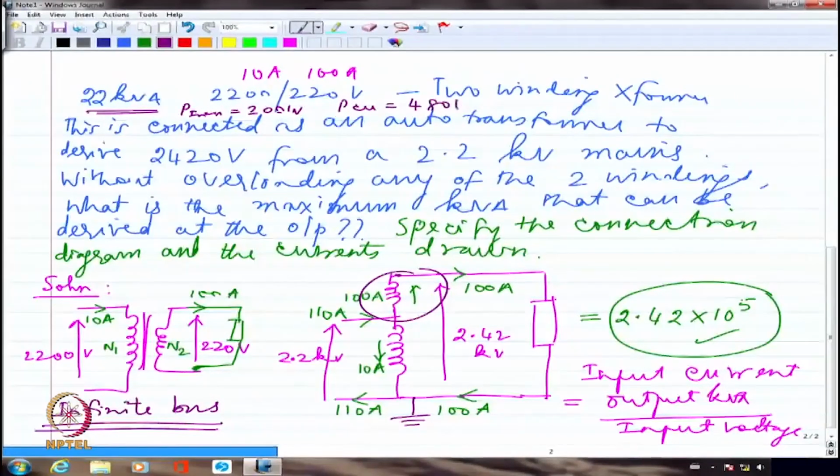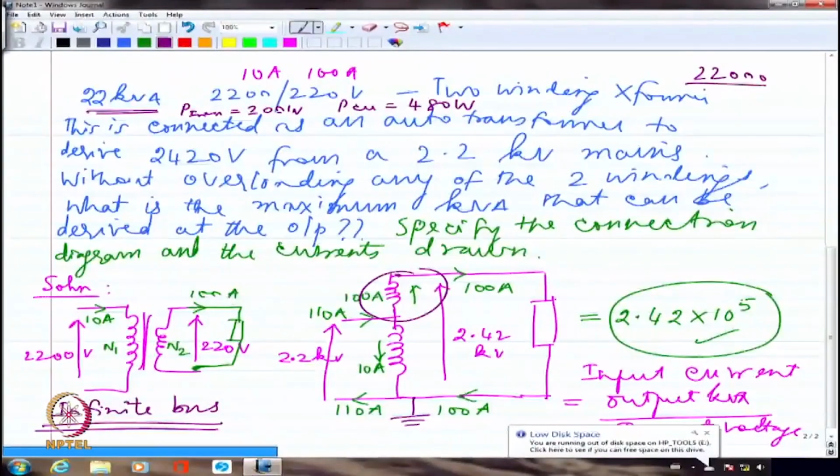I can definitely calculate the efficiency under unity power factor load condition under rated kVA when it is operating as a two-winding transformer. It will be essentially 22,000 divided by 22,000 plus 200 plus 480. This will be the total efficiency that I would get for the two-winding transformer connection.